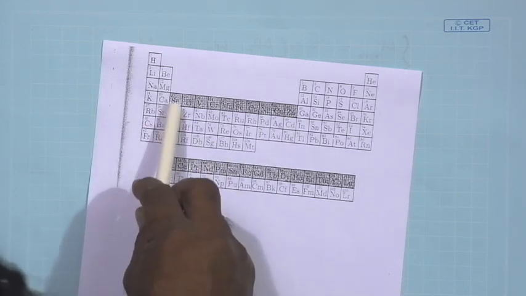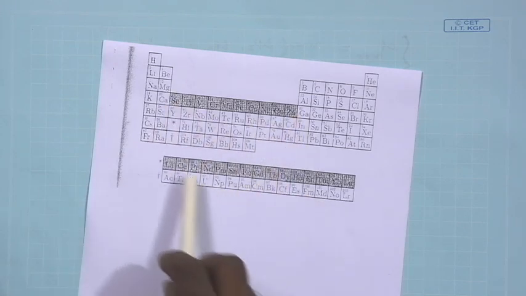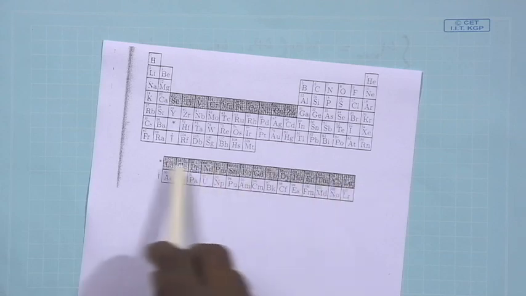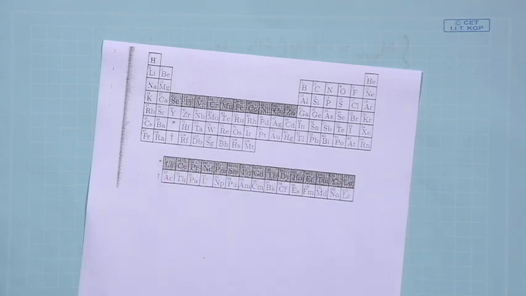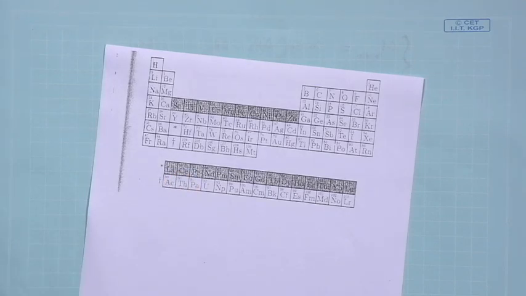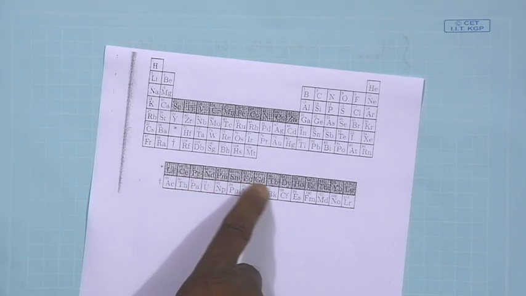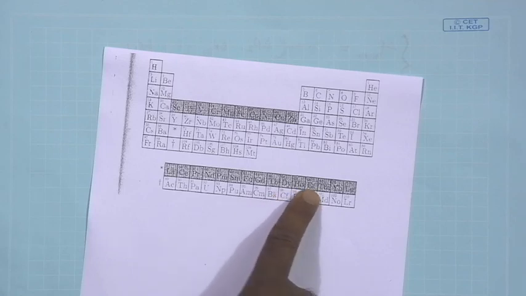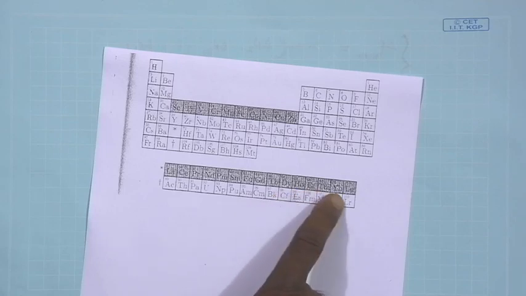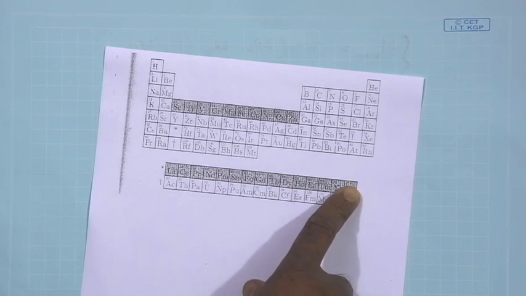So, here starting from 3d1 electron to 3d10 electron, and here starting from, I think cerium is having f1 electron, and then f2, f3. So, these are the rare earth. These are having the electron in 4f shell.